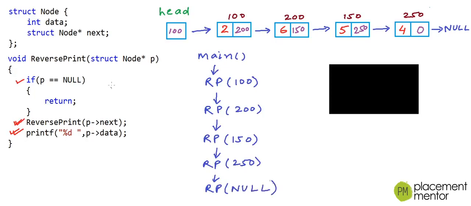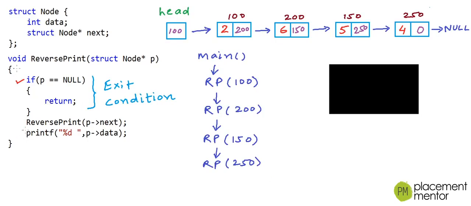At this stage we will come to the exit condition in the recursion. The recursion will not grow any further. We will simply return, and the control will return to this particular call, reverse print 250. So we will come now to this printf statement. The data field at address 250 is 4, so 4 will be printed on the console, and now this function call will finish and we will go to reverse print 150.